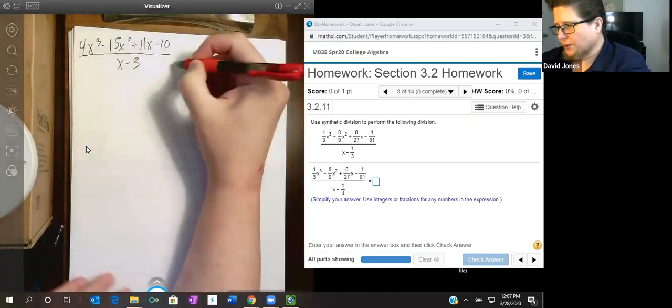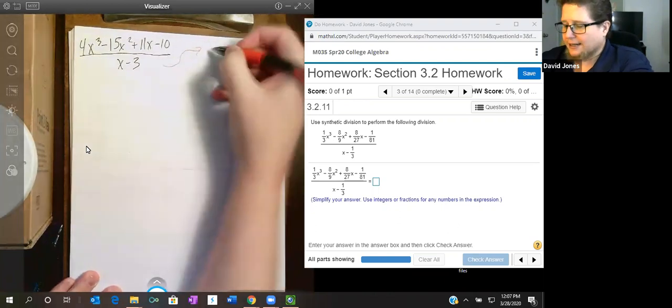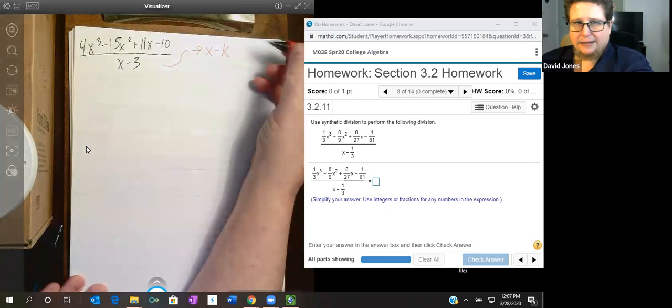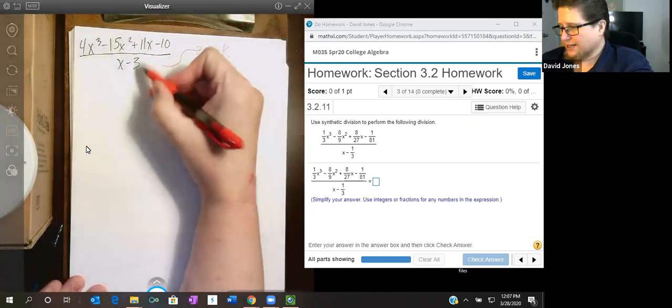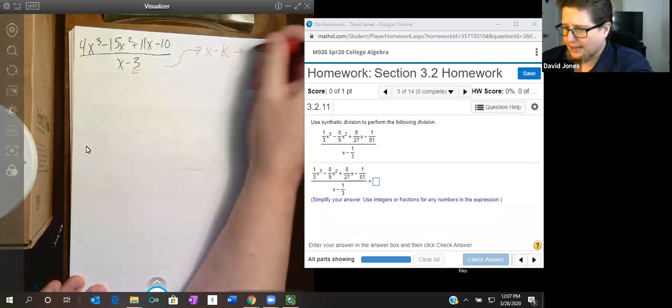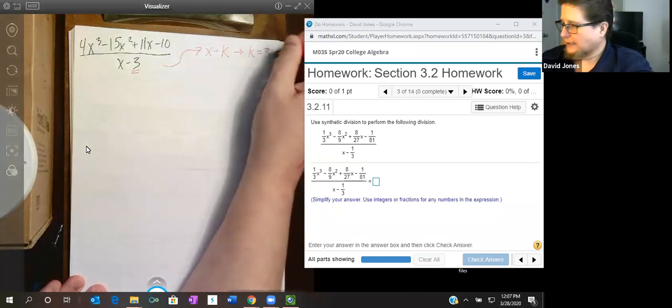I'm going to call this denominator here x minus k, because we want this number right here, and it's the opposite sign of whatever's present. So in this case, k equals 3.